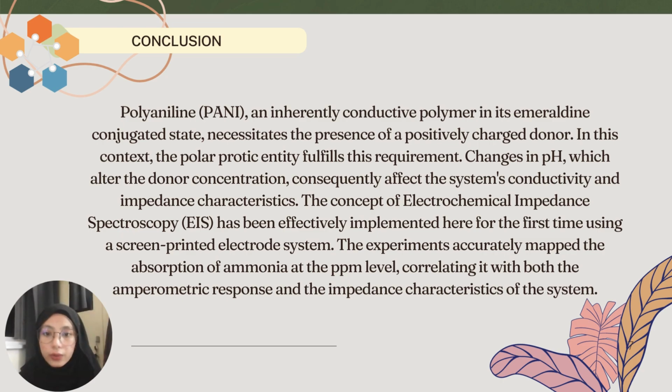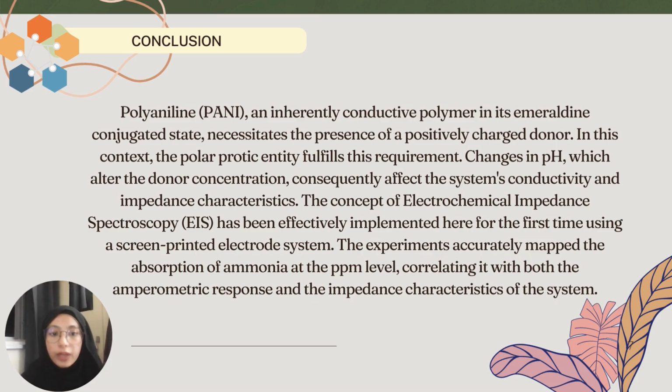For the conclusion, PANI is a conductive polymer whose emeraldine conjugated state necessitates the presence of a positively charged donor. For the contact, the polar protein entity fulfills the requirement, and changes in pH alter the donor concentration and then affect the system conductivity and impedance characteristic.